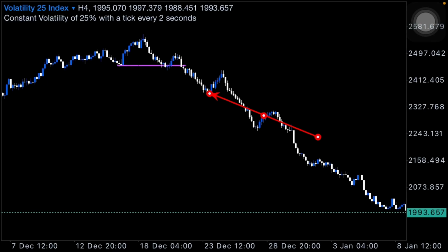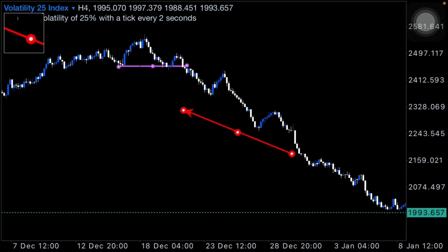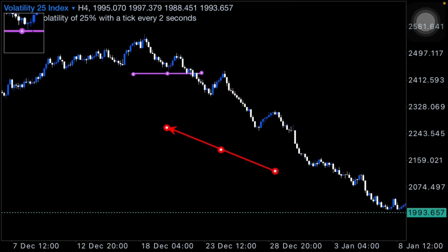It breaks this low here. Okay, now then forms a low here. Now the market has what? Broken a structure here.